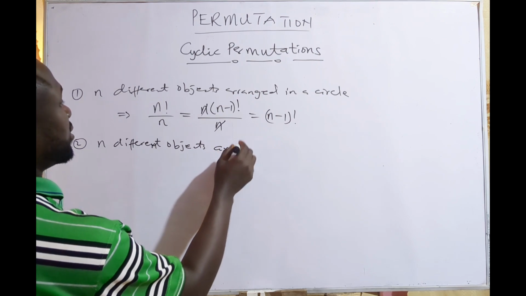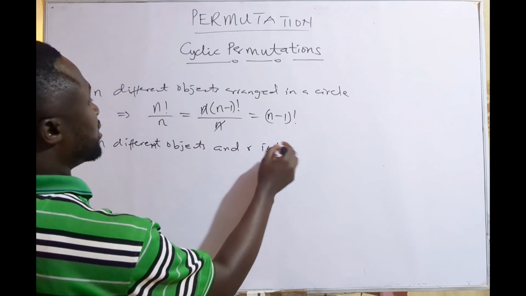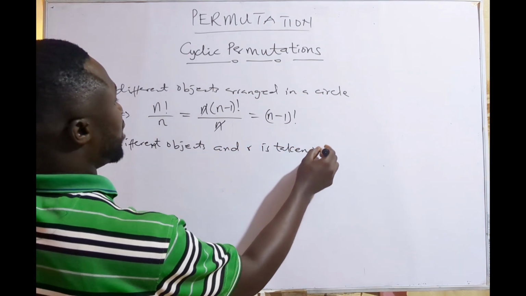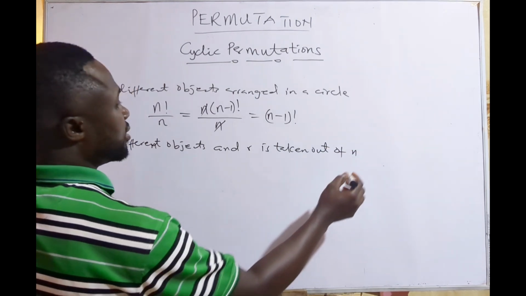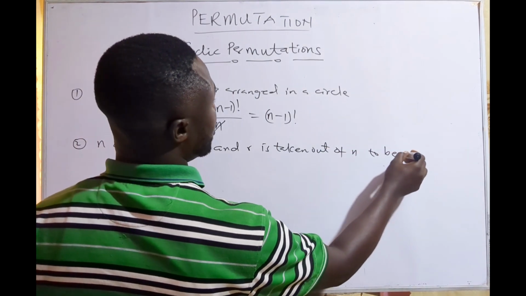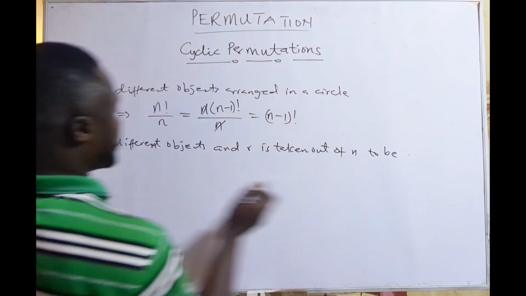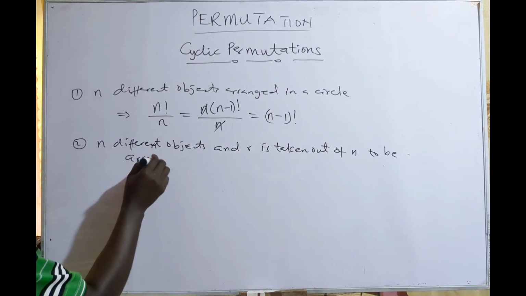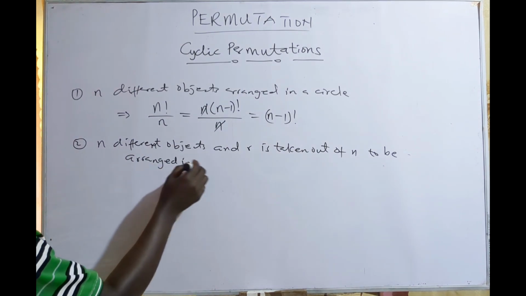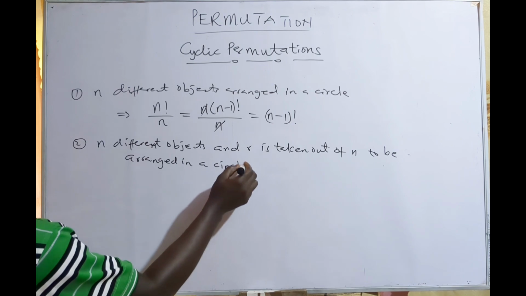and R is taken out of n to be arranged in a circle.